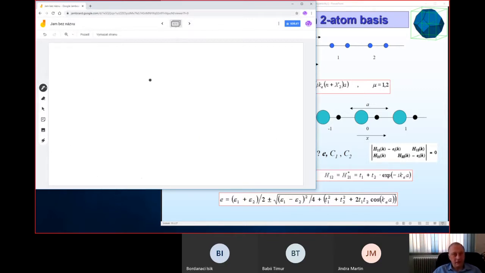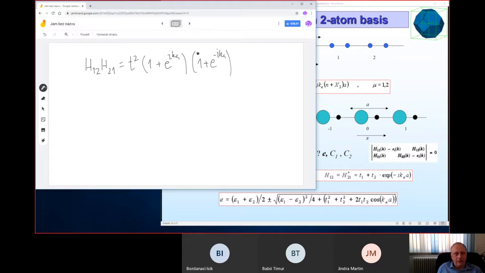And this is just due to the fact that if we multiply, in the evaluation of the determinant of the matrix, H12 times H21, what do we have? We have, I think, t square, and then 1 plus e to the ika and 1 plus e to the minus ika.